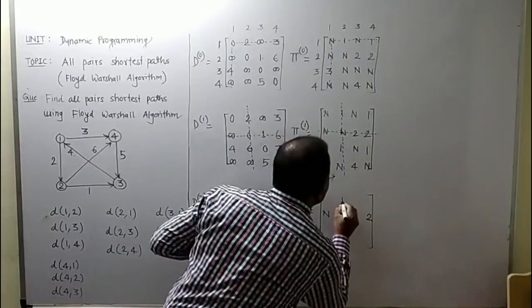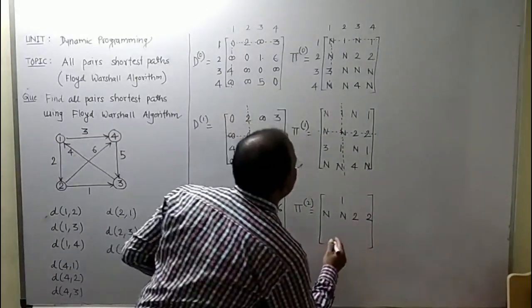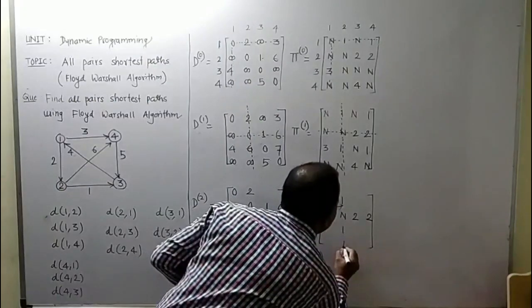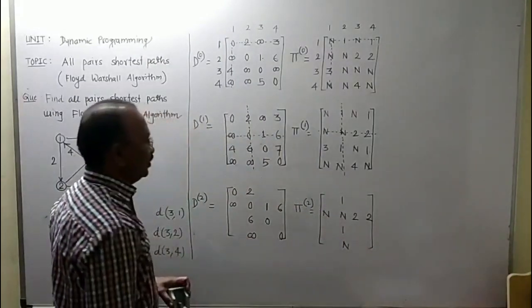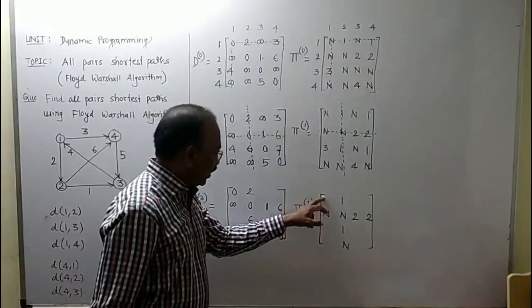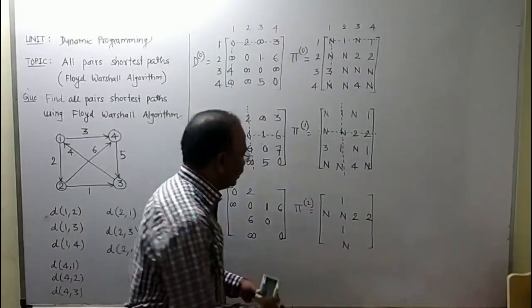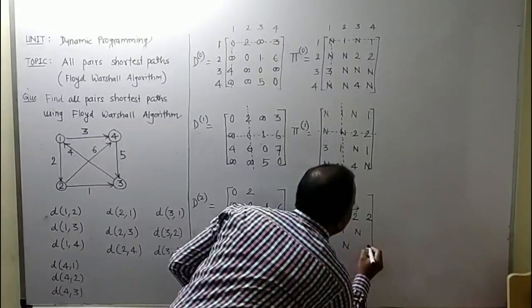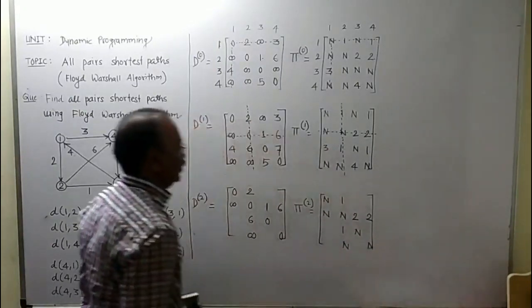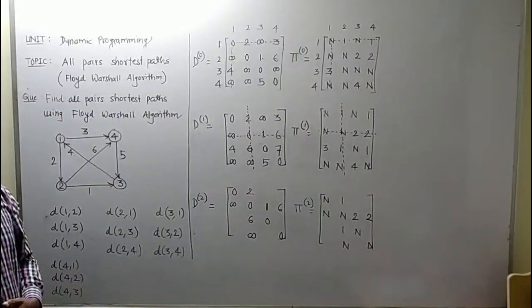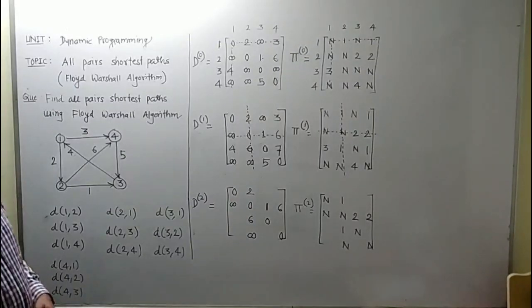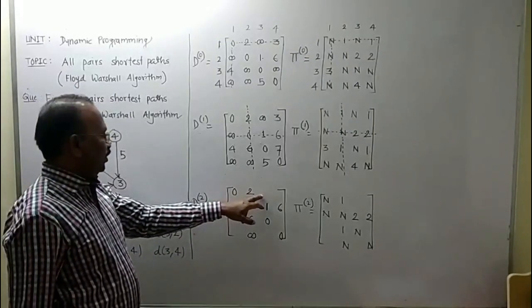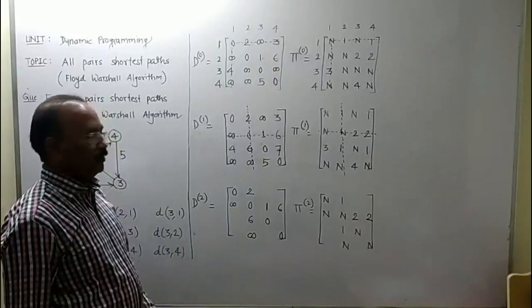Now then second column 1, n, 1, n. Then write diagonal values as it is, n and n. Now then, the missing values we have to find out.